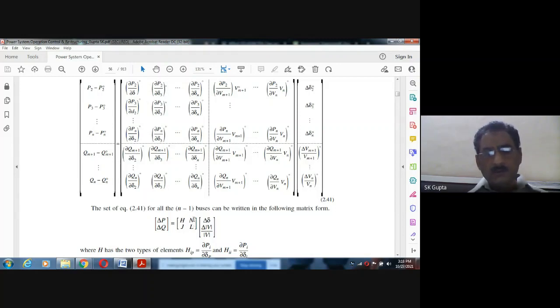Similarly, L has diagonal LII and off-diagonal LIP. And N has diagonal and off-diagonal elements, NII and NIP. Similarly, JII and JIP. Now we have to calculate these.